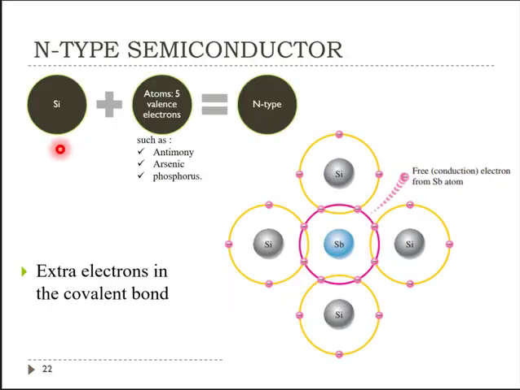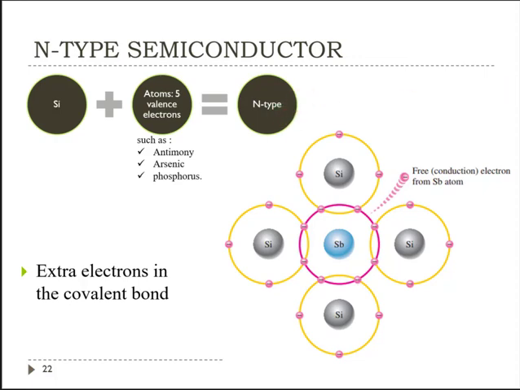For the N-type, this silicon will be combined with another foreign atom which has a valence of 5, meaning that the atom has 5 electrons at the outermost shell. And this foreign atom can be antimony, arsenic or phosphorus.